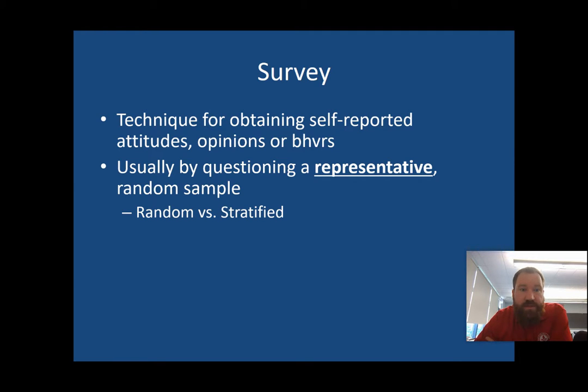Random sampling simply means that every member of the population that's being studied has an equal chance of being part of the sample population. Okay, I'll say that again. A random sample means that every member of the population you are studying has an equal chance of being part of the sample.